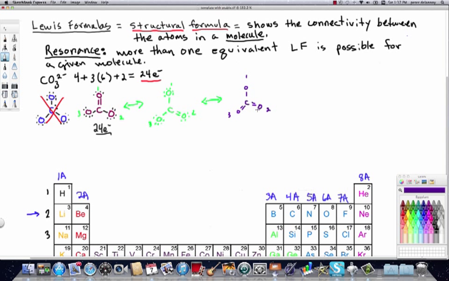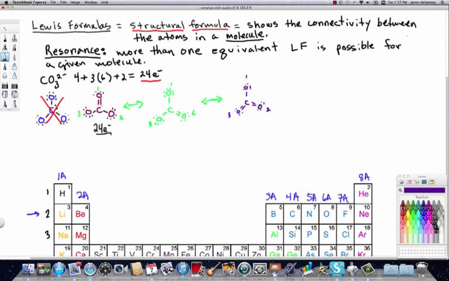All right, and again, put in the pairs of electrons, the appropriate number. And there's a total of 3 resonance structures for this particular molecule.